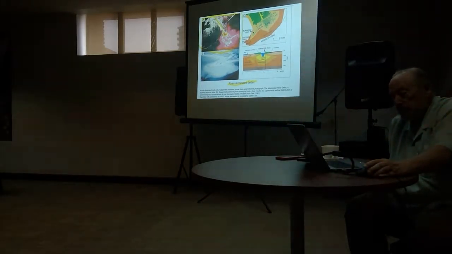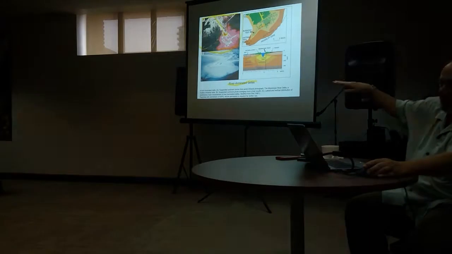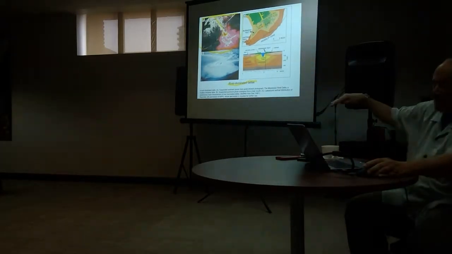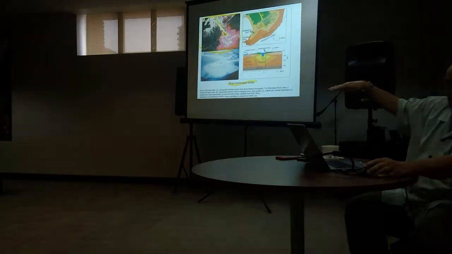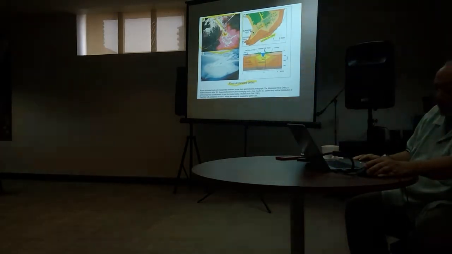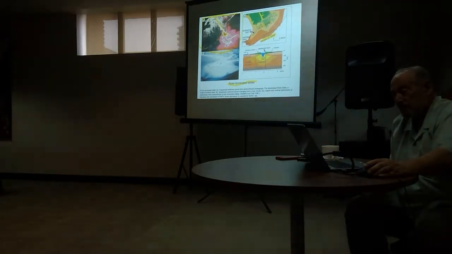There are different sub-environments of the delta, and we call them delta plain, the very flat part of the delta, the front part of the delta that tends to be a little bit inclined, and then what we call the pro-delta, which is also kind of an inclined surface.